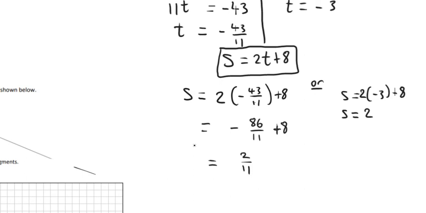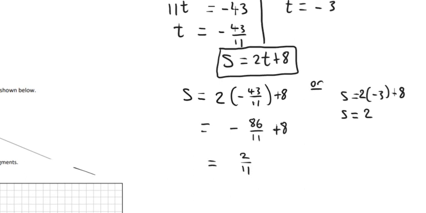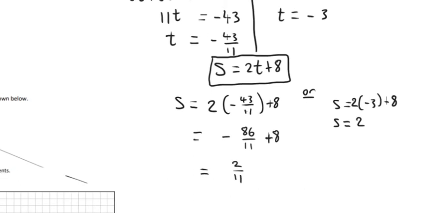So you've got 4 answers here then. We've got 2 values for s and 2 values for t. So when s equals 2, t is minus 3.